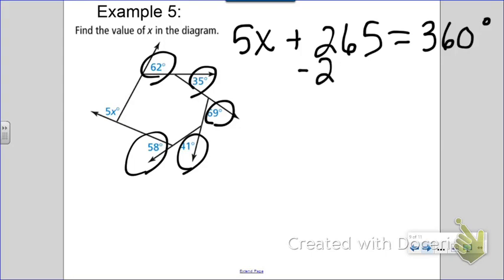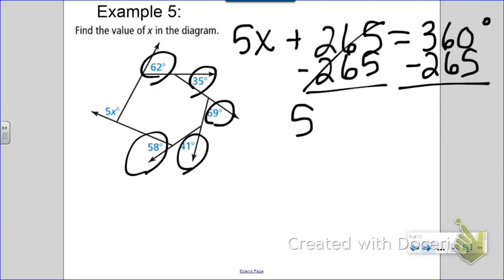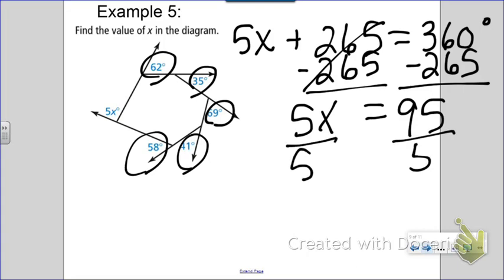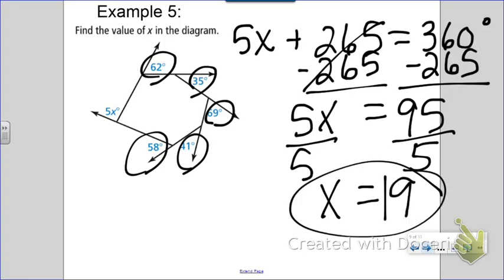So subtract, like an algebra equation, 265 from both sides. We're left with 95 on the right. Divide both sides by 5. We have 19 for x, and that's our solution.